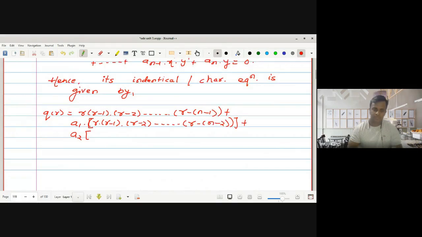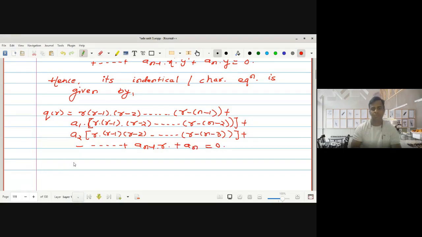Okay, now a2 into r into r minus 1 into r minus 2 up to so on r minus n minus 3, okay, plus up to so on plus an minus 1 into r plus an is equal to 0. Okay, any doubt? So this is the characteristic equation for nth order Euler's equation. Any doubt up here? No, sir.